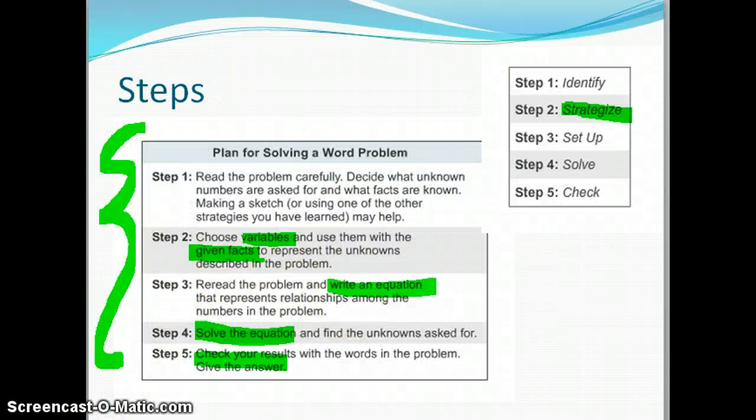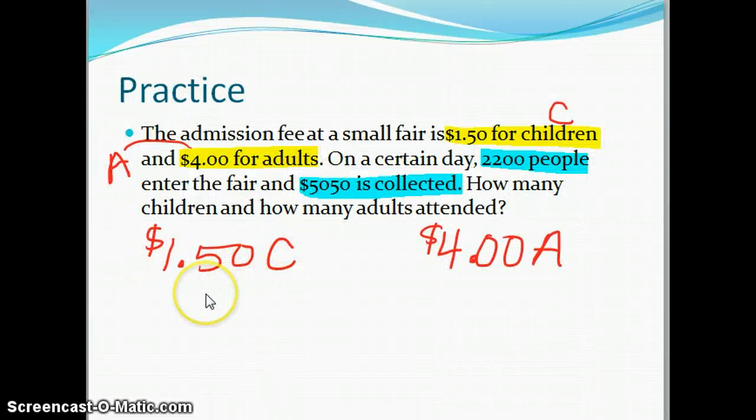Now we need to reread the problem and write an equation. The admission fee is $1.50 for children and $4 for adults. On one given day, 2,200 people entered the fair and $5,050 is collected. I want to know how many children and how many adults attended.